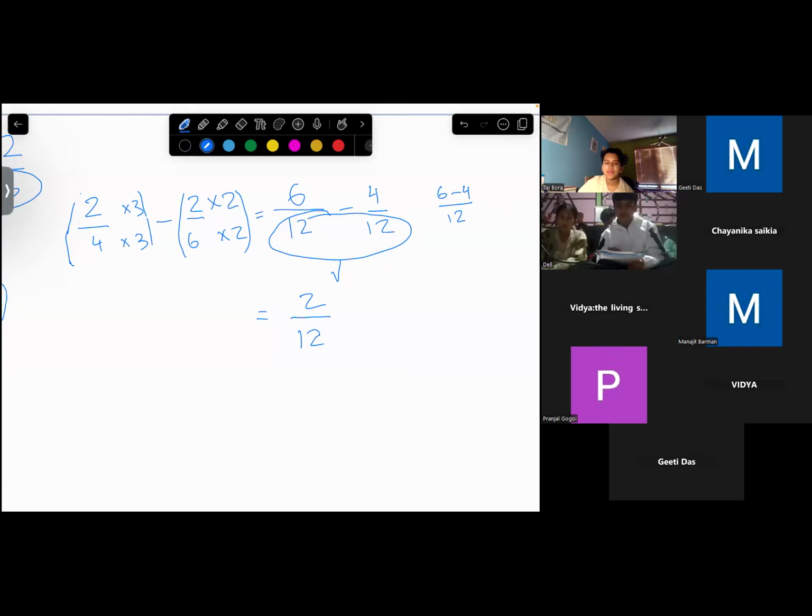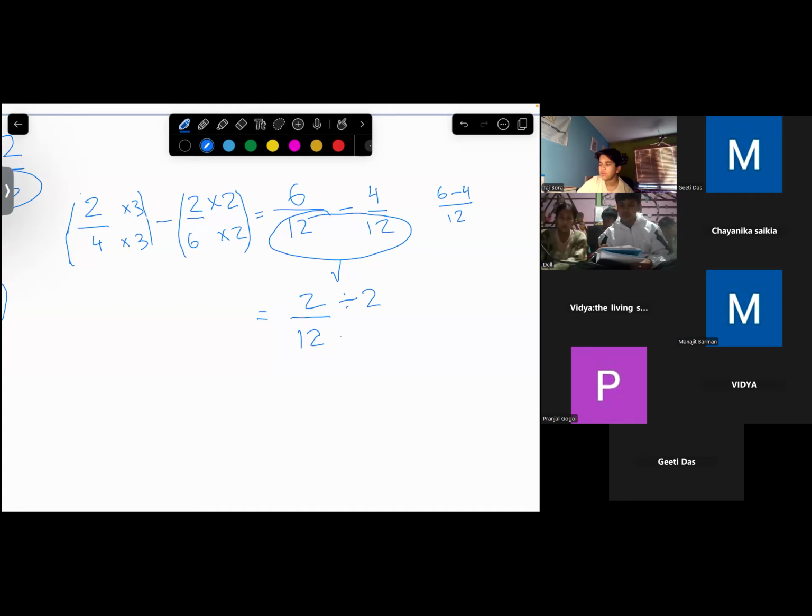Now, this may seem like the right answer, but remember, this can still be simplified. If you see that both numbers are even, meaning the top can be divided by 2 and the bottom can be divided by 2, then it is divisible by 2.